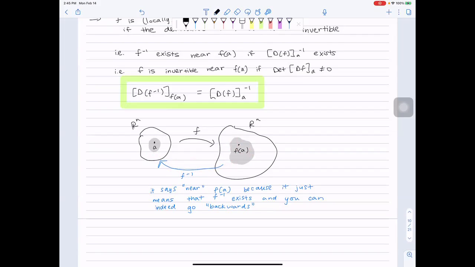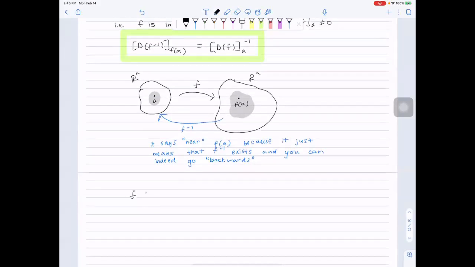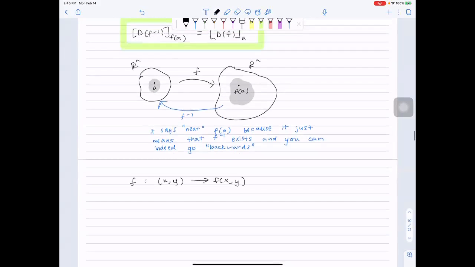We need that because our f took us from xy to f of xy, so by definition, the inverse should take f of xy back to xy.